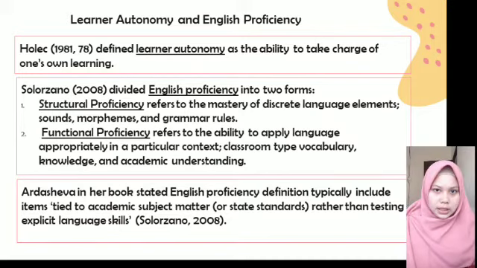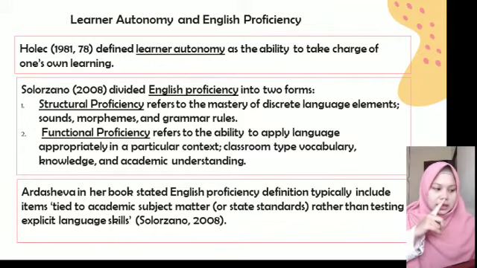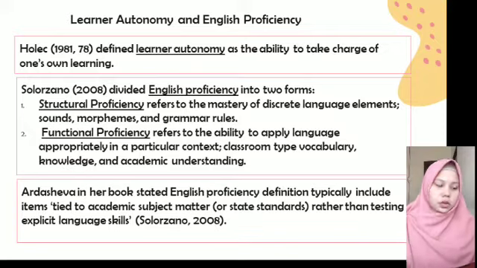English proficiency is divided into two forms. Structural proficiency, which refers to the mastery of discrete language elements, for example, morphemes, sounds, and grammar rules, while the second is functional proficiency, which refers to the ability to apply language appropriately in a particular context, for example, classroom type vocabulary, knowledge, and others.